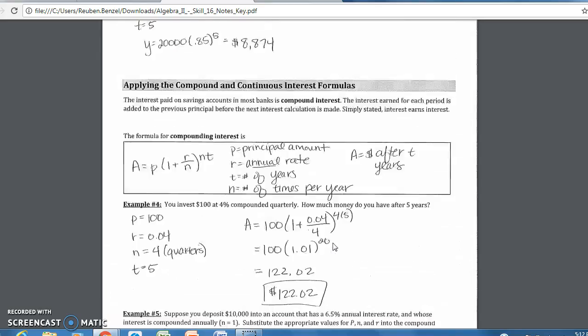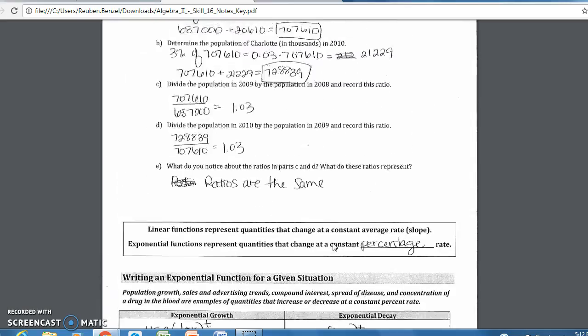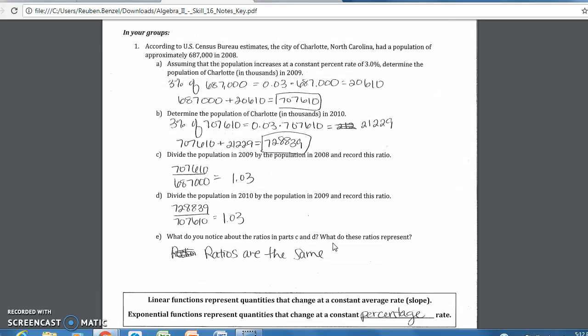And that completes the general overview of the notes of skill 16. What I'd like you to do today is try to get the filled in notes, so that you can have those examples to work out. And then after that, I want you to try the IP.